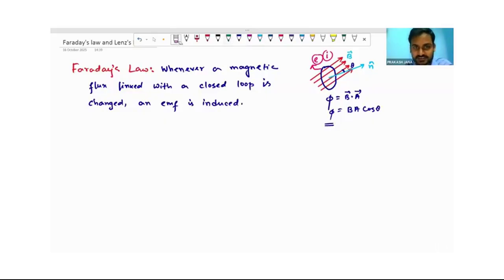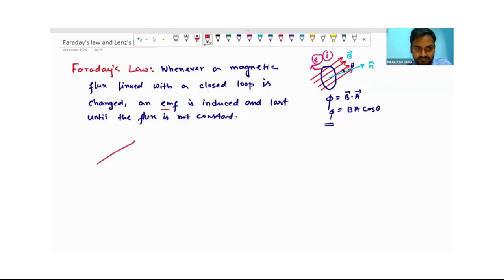It lasts until the flux is not constant. That is, whenever there is a change in flux, there will be an induced EMF associated with the coil. Okay, so let us see through some examples.